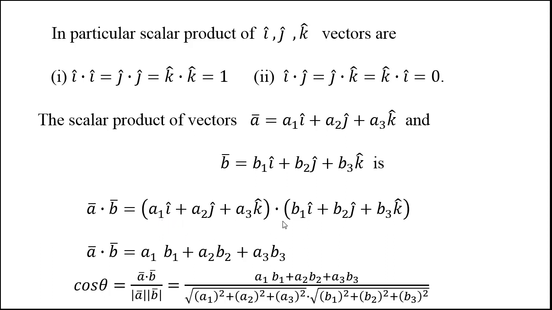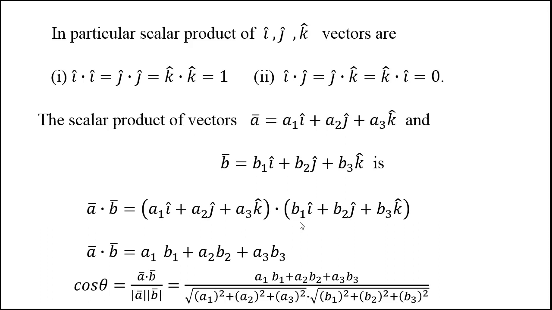So a1 into b1 into i dot i. i dot i is 1. So a1 into b1 into 1, simply we write it as a1 b1. Then a1 into b2 into i dot j. i dot j is 0. i dot k is also 0.